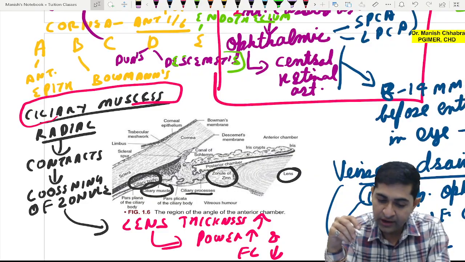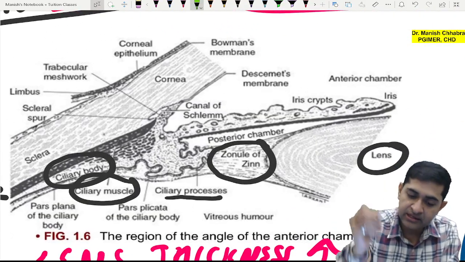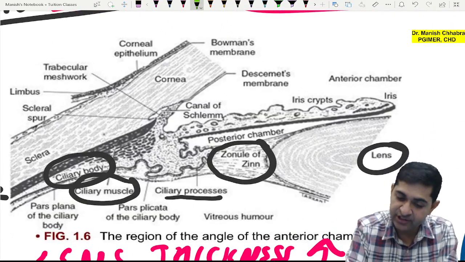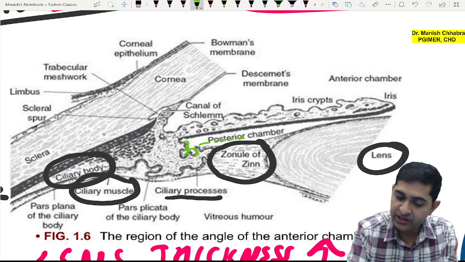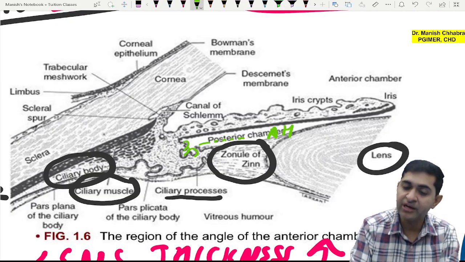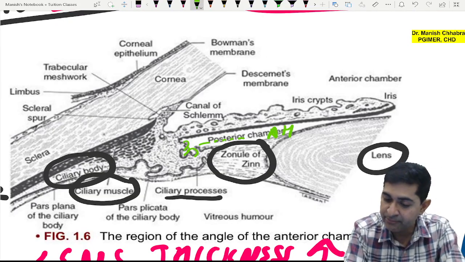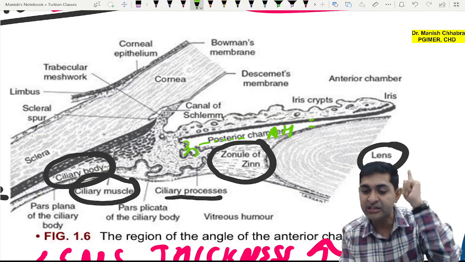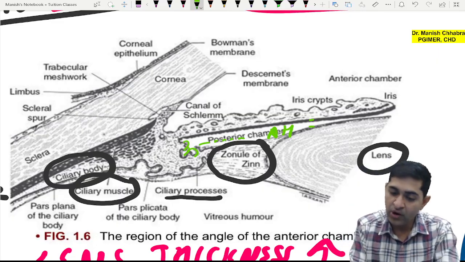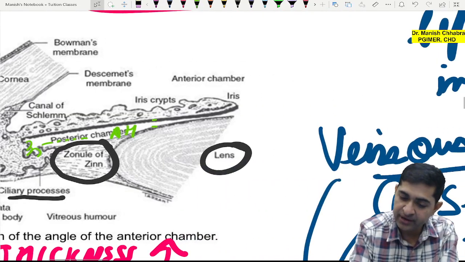Now, I also told you that there are plications, 70 to 80 in number. So this is the pars plicata of the ciliary body. There are plications, and there is release of aqueous humor in the posterior chamber. Can you appreciate? This is the posterior part of the iris and anterior part of the lens, so this is your posterior chamber. Aqueous humor is released, so I am writing it here.